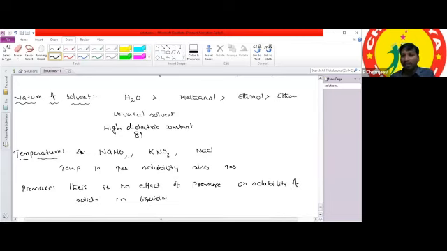Are solids compressible? They are incompressible. So that's why there is no effect of pressure on the solubility of solids in a liquid. Got it, all of you?